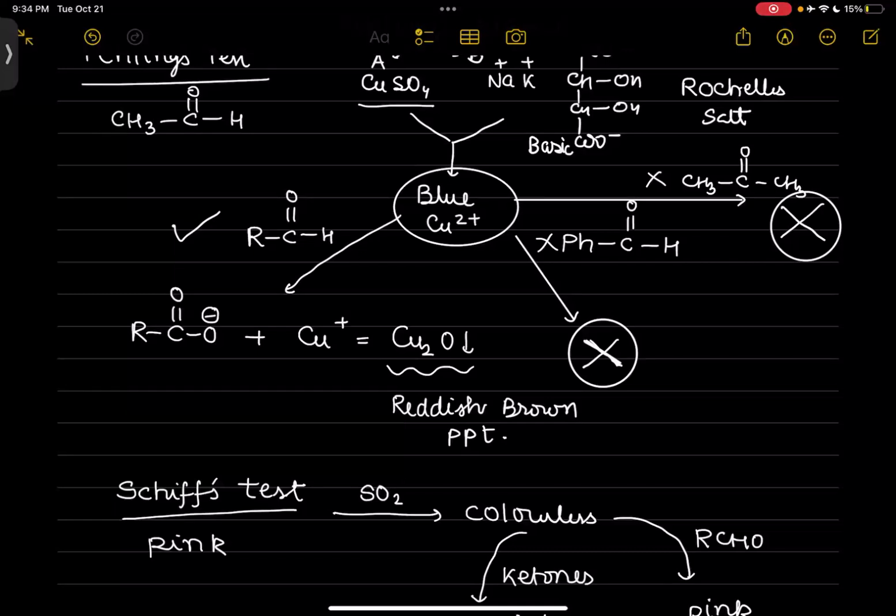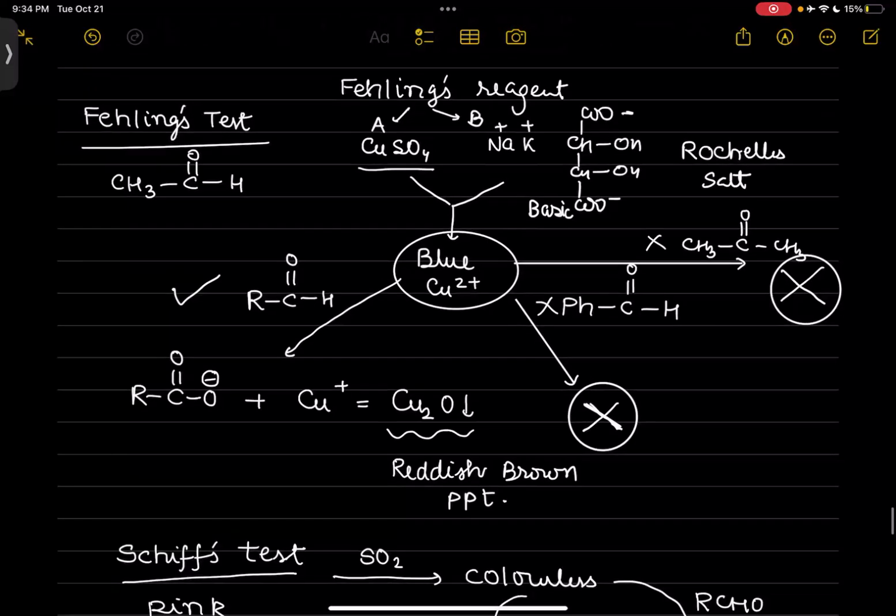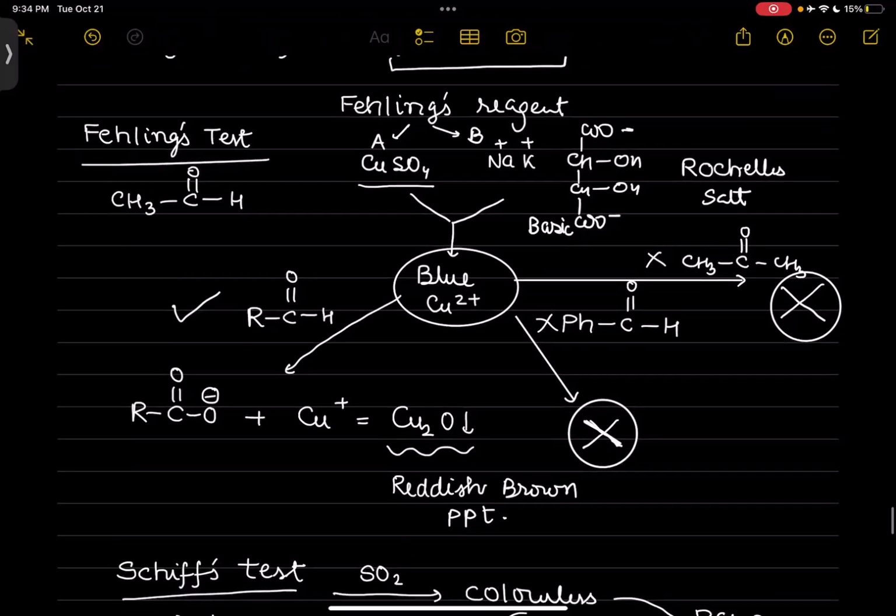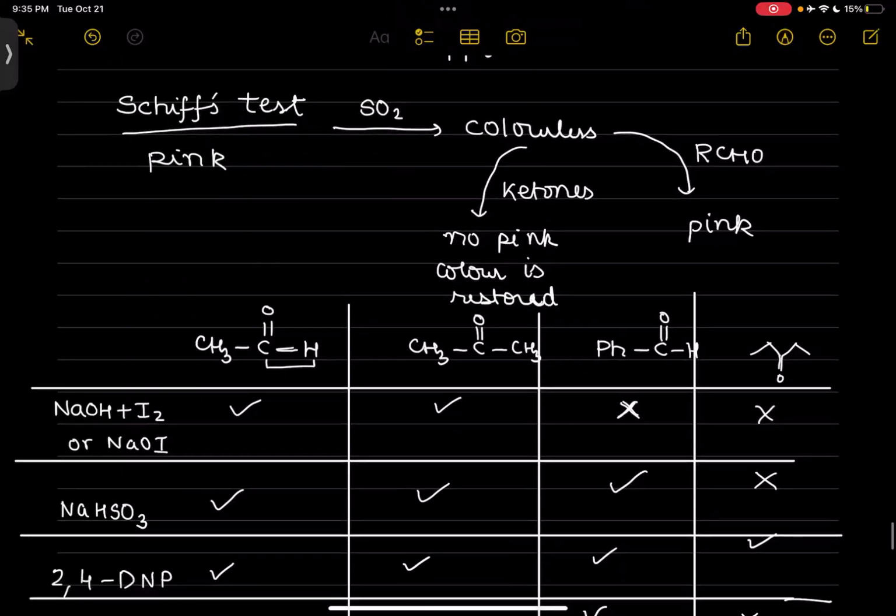What type of aldehyde will not respond to Fehling's test? Just try to recall. Jaslyn, Aisha, you can help Marwa to get the answer. Aromatic aldehydes. Exactly, aromatic aldehyde. Be careful about it because in the school viva also they ask, right?